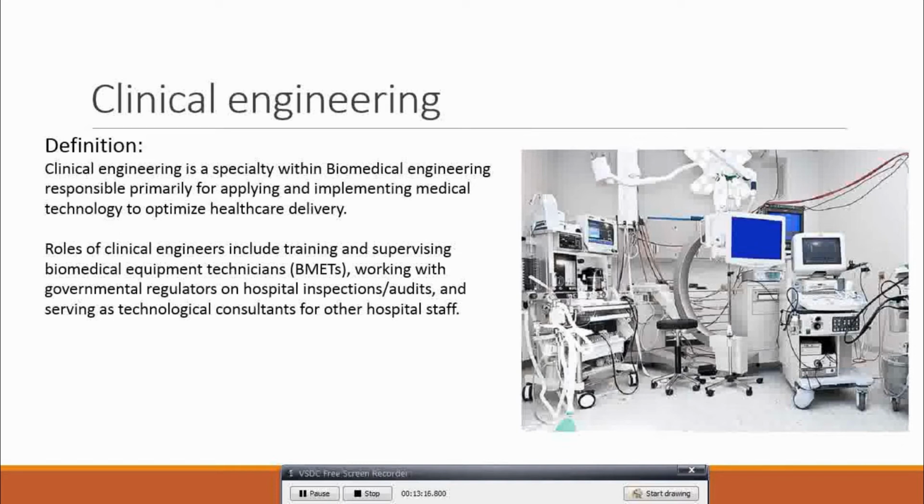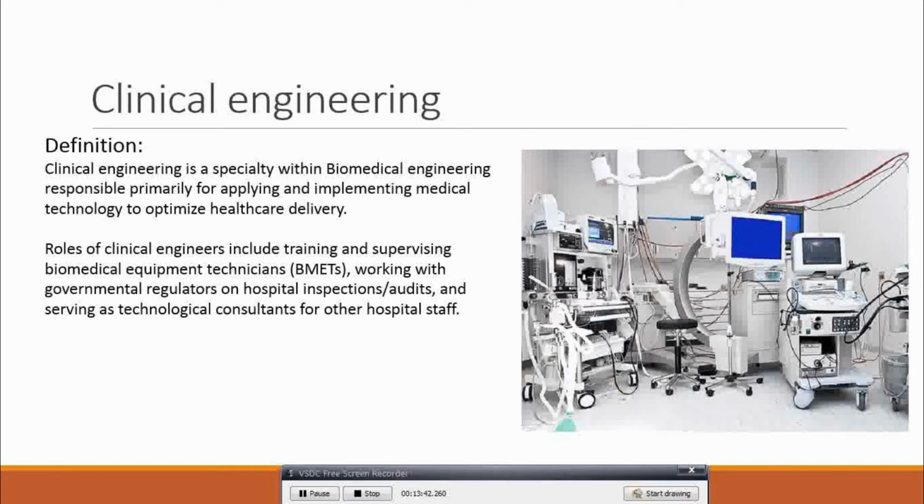So your focus will be on healthcare delivery, in the hospitals, in places where laboratories are being used, and so many others. Roles of clinical engineers include training, supervising biomedical equipment technicians, working with governmental regulators, hospital inspections, audits, serving as technological consultant for other hospital staff.